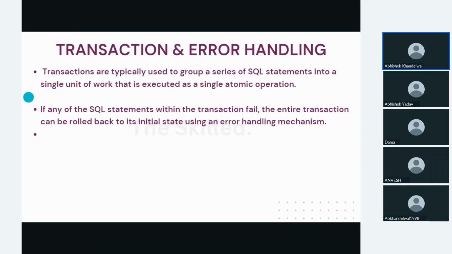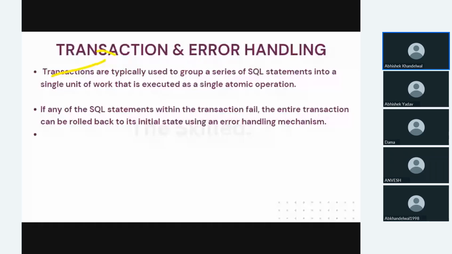If you remember, at the start we talked about what a transaction looks like. If a person is doing a transaction at an ATM, there are multiple steps performed. First, it will check whether the PIN is entered correctly.